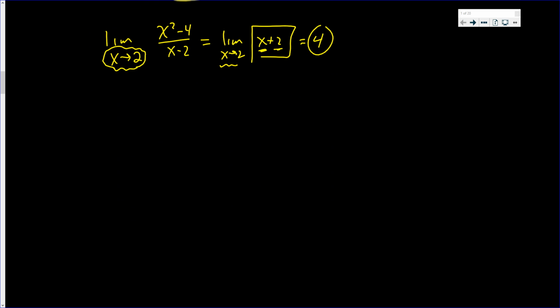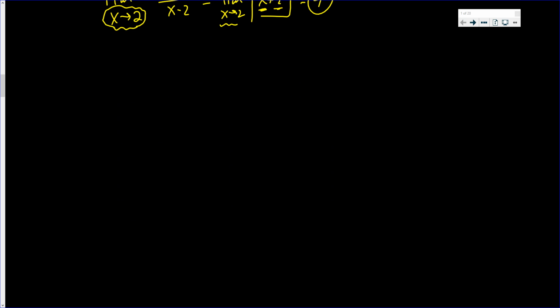Let us look at another problem. Suppose you have k of x. It's just a name k. They don't all have to be f and g and h. Suppose k of x is 1 over x minus 2 plus 1. Now, you should know how to draw 1 over x.